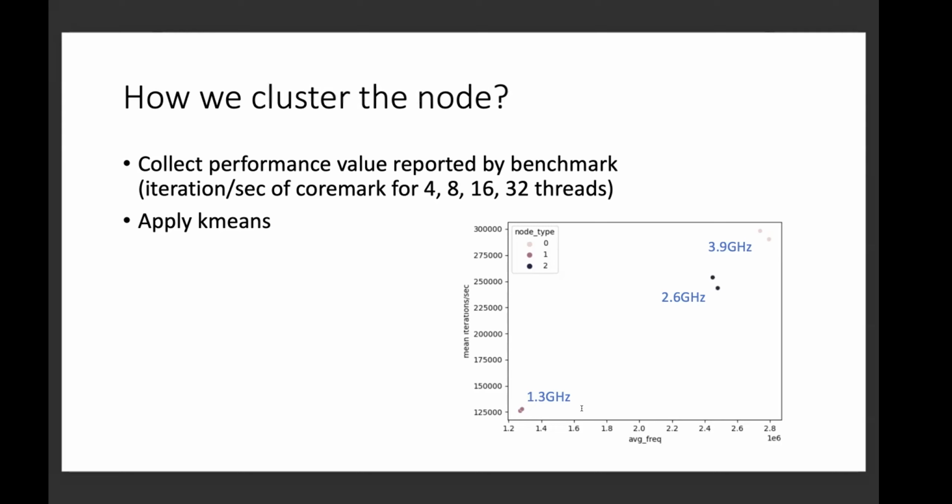So it will turn out to be for different frequencies, but actually it is for that group. It doesn't matter if you have another server that runs at 1.0 gigahertz, it will be grouped into node type zero and have the same model as the one running at 1.3.